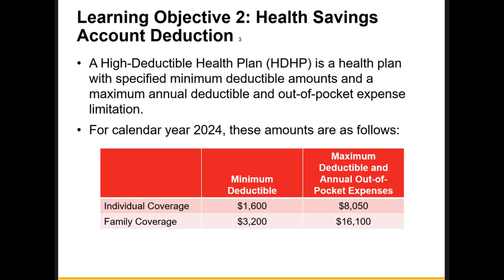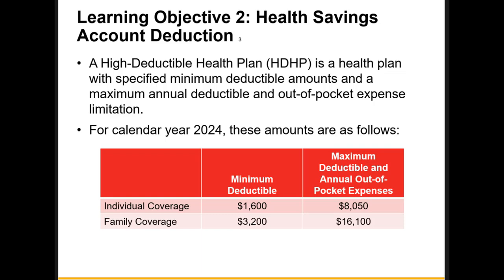So how does it qualify as a high deductible health plan? You see that it has to have a minimum deductible, can have more than that, but a minimum of $1,600, or $3,200 for a family. But the maximum for out-of-pocket expenses in a year for the plan needs to be $8,000 or $16,100.